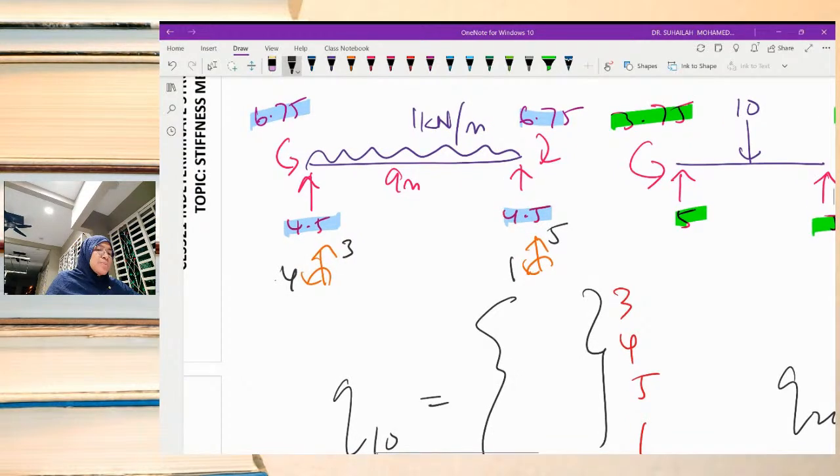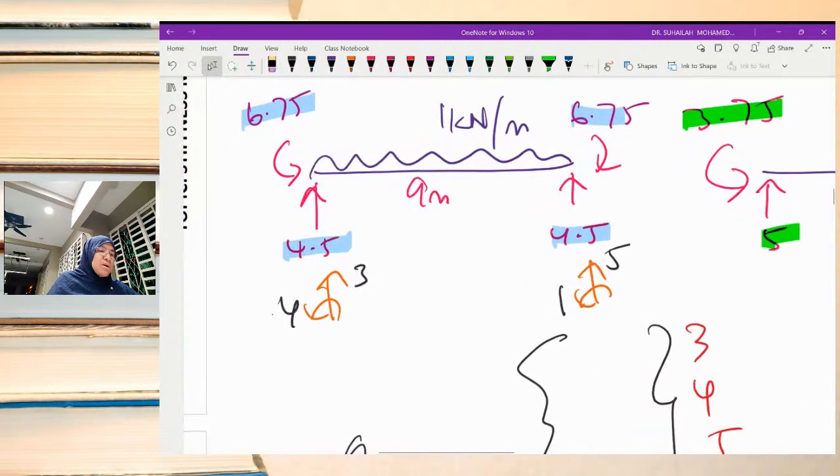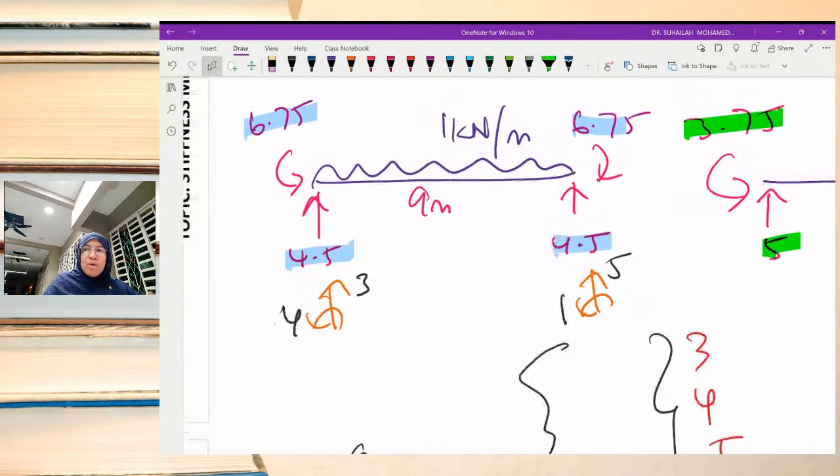By looking at this diagram, what is the value at position 3? This is position 3. The first value, looking at element number 1, member AB.